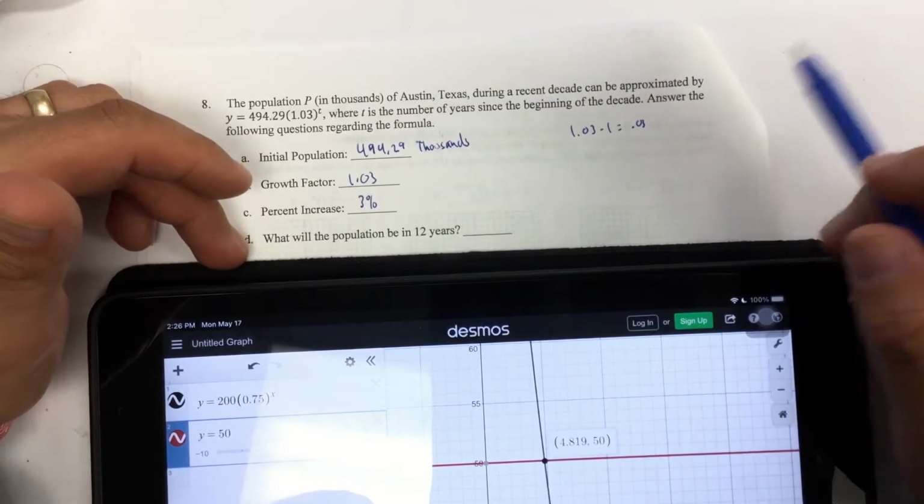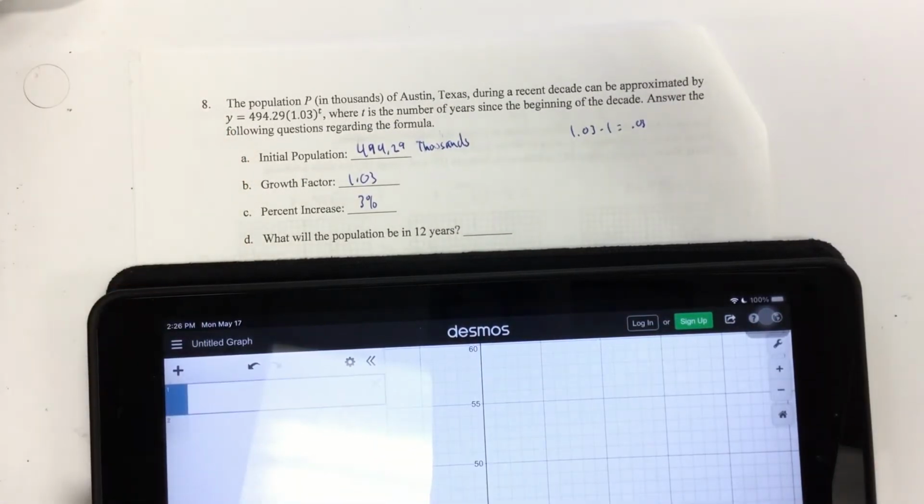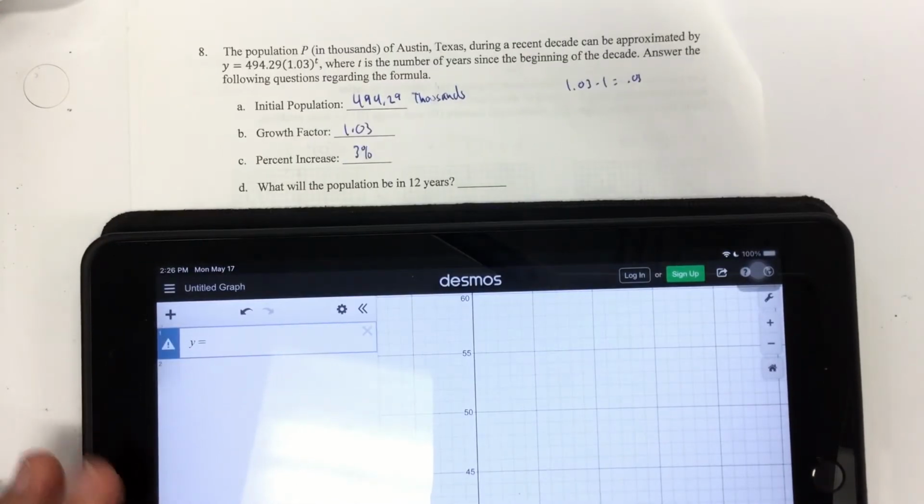What will the population be in 12 years? Okay, so this one, I'm just going to type it into Desmos. So y equals, as you can see, I'm typing in y equals 494.29, parentheses, 1.03, close parentheses, raised to the, and it says 12 years, so 12.